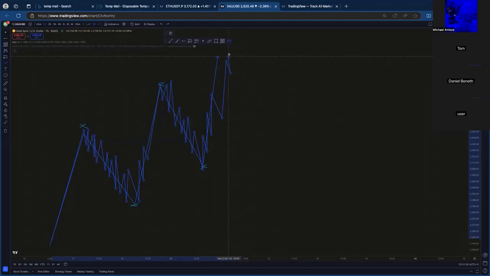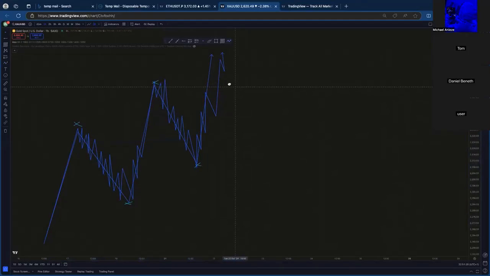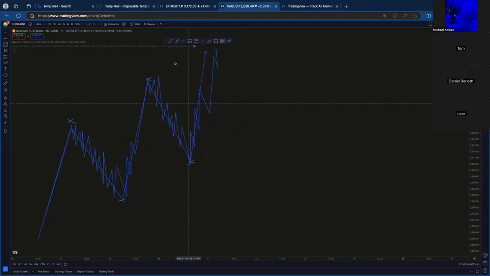Now, you'd get to understand something right here. All these inside moves, substructure and minor structure, all these things are called internal structures, and the swing highs and swing lows are called what? External structure.